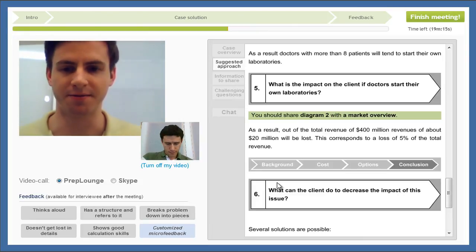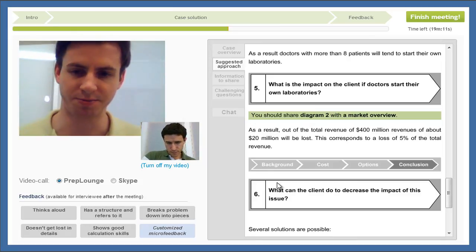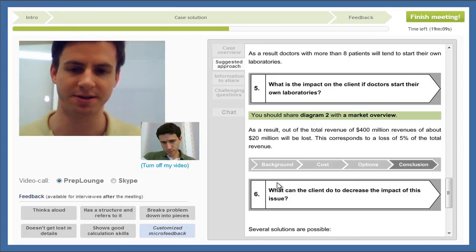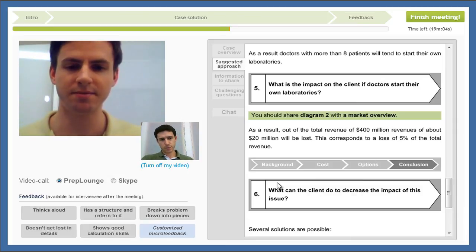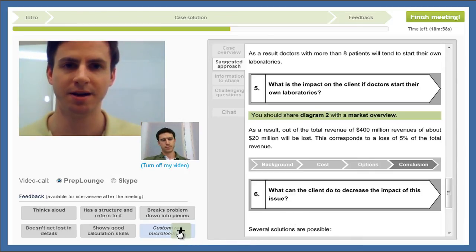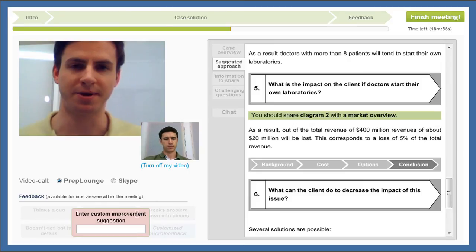And right now, to do something, I think an interesting countermeasure would be to offer a discount on referrals of more than 8 patients, or just an overall price drop, because then it becomes less profitable for doctors to open their own labs.